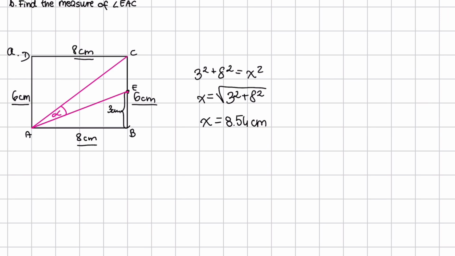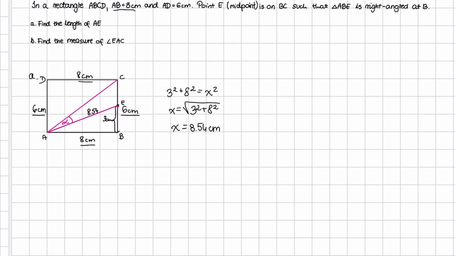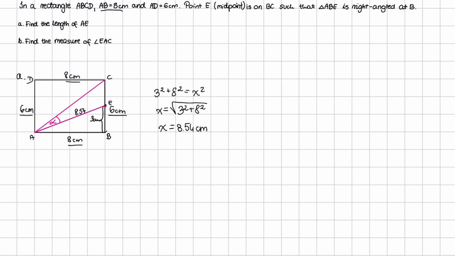For now, we know that x, so this side, is 8.54. This is what we already calculated. So we have all lengths of our right angle triangle. And we have to calculate alpha.